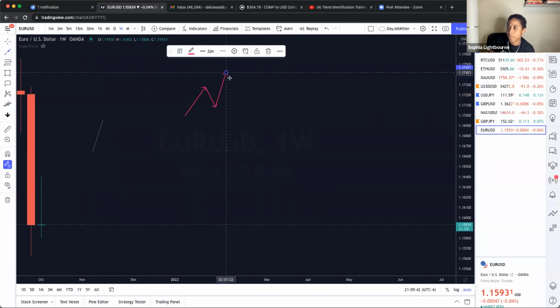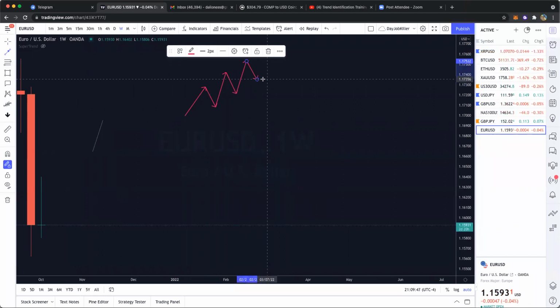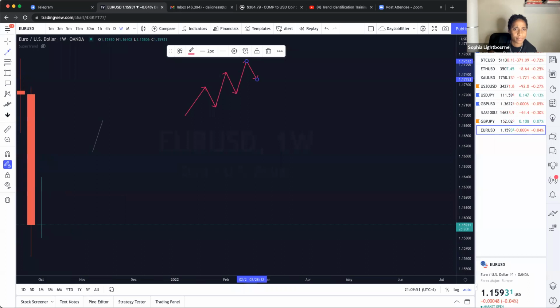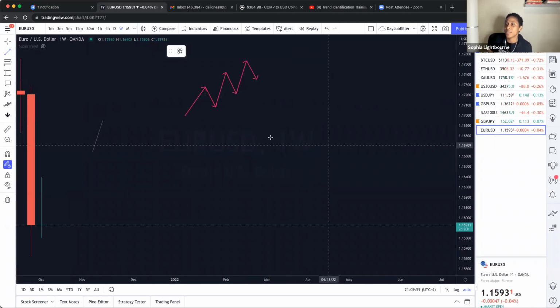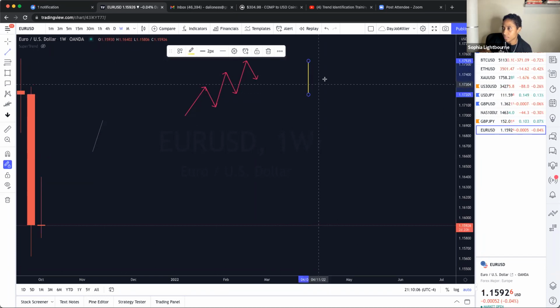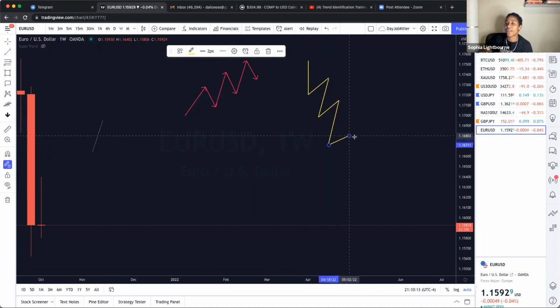If you see a market that's like this, what direction are we going in? Okay, good, I see y'all got an uptrend. Ignore the little arrows. And if the market is going like this, what direction is that?